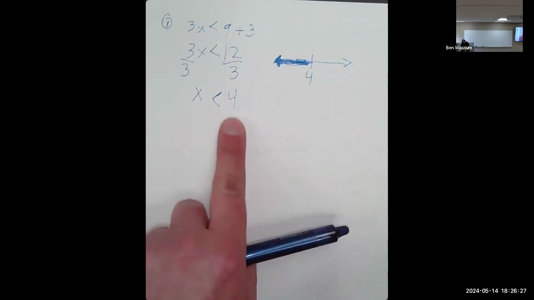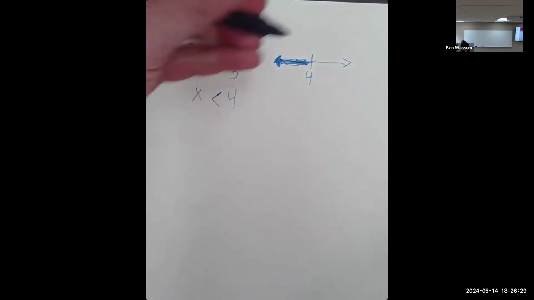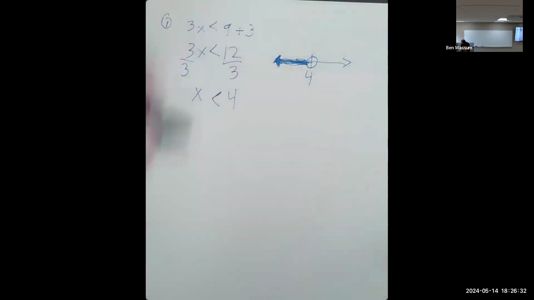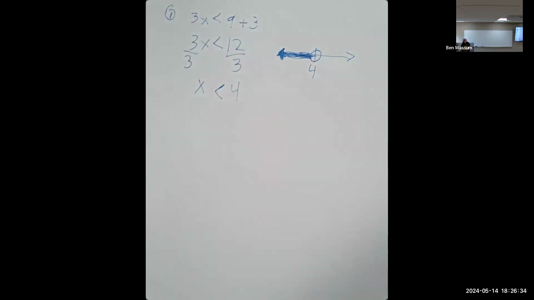It can only be less than 4. And because of that, you will use an open circle right here. Does that make sense? Does that make half sense? Does that make quarter sense?